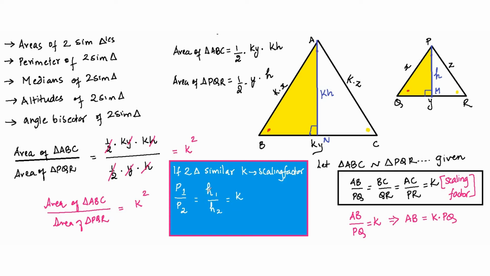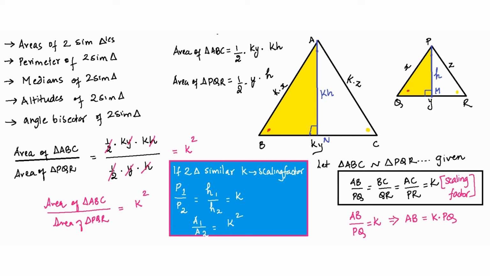So the ratio of the perimeter and the ratio of the altitude remains K, whereas, as we just saw, area of triangle 1 by area of triangle 2 won't be K, it will be K square. That is, the area scales by the square of the scaling factor.